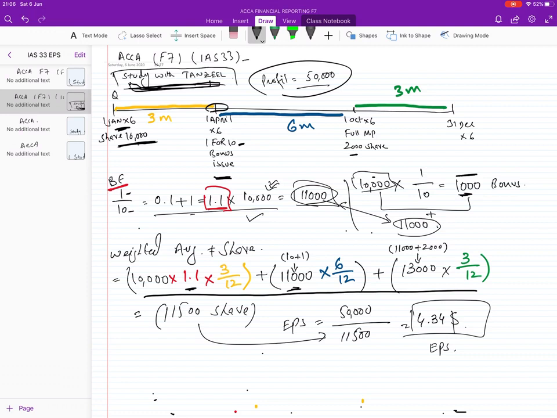From April till October, just load the number of shares. You don't need to calculate the bonus effect because that event was on 1st April. When that event date has arrived, just load the number of shares only.